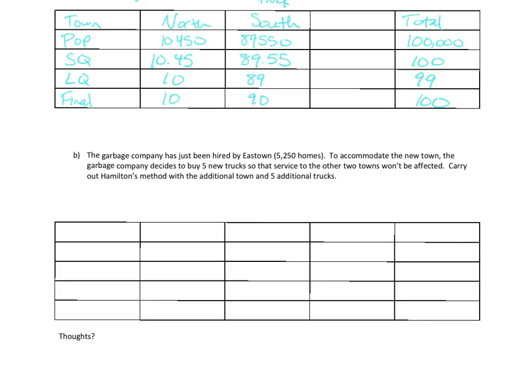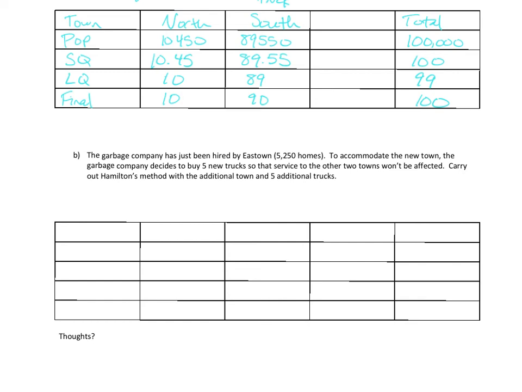All right, so the garbage company has just been hired by Easttown that has 5,250 homes. To accommodate the new town, the garbage company decides to buy 5 new trucks because it's 1,000 homes per truck. For 5,250, they should get about five more trucks, so that the service to the other 2 towns won't be affected.